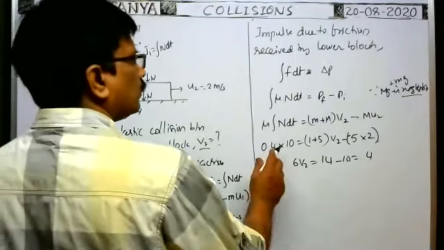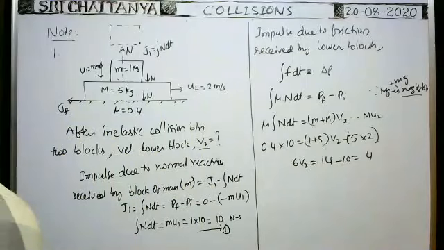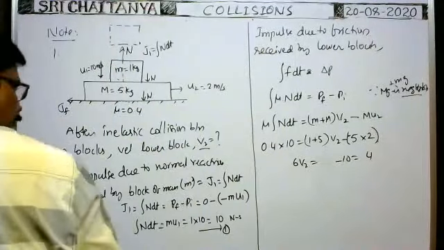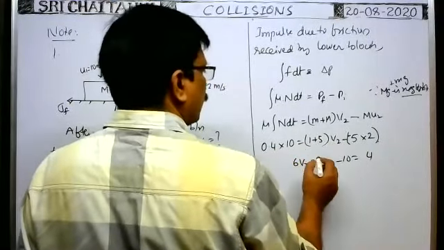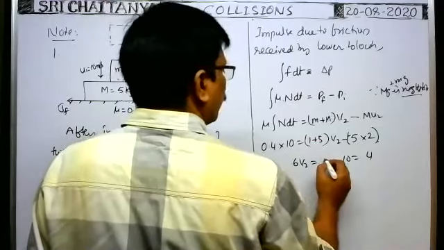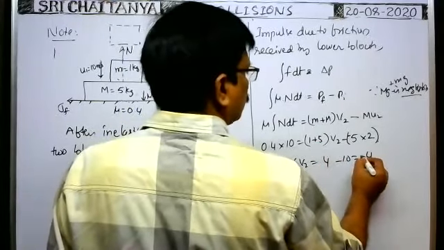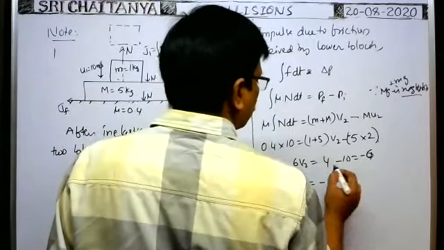Sorry, it is 4 only, no? It is 10 only. It is 4 only. When you bring this to the left, then it becomes plus 10 here, minus 10 here, plus 4. Therefore that is equal to minus 6. So v2 is equal to minus 1 meter per second.